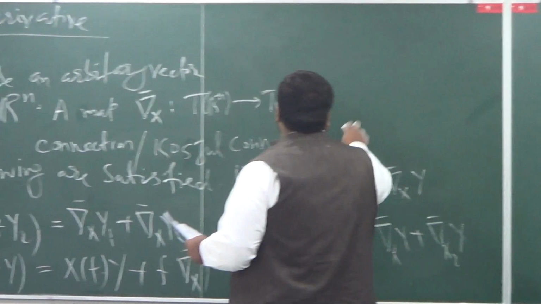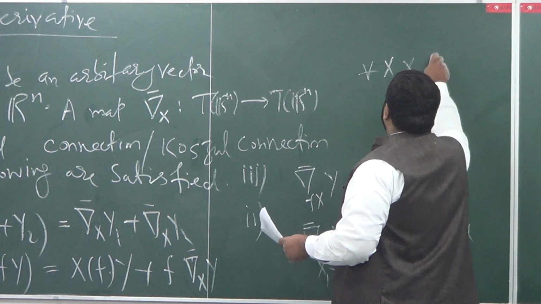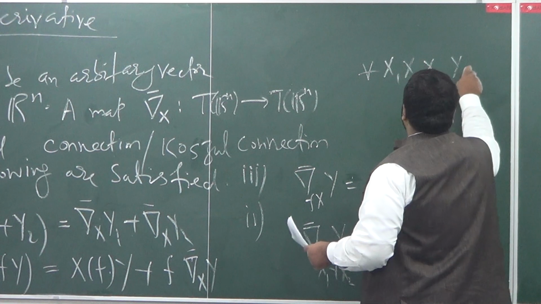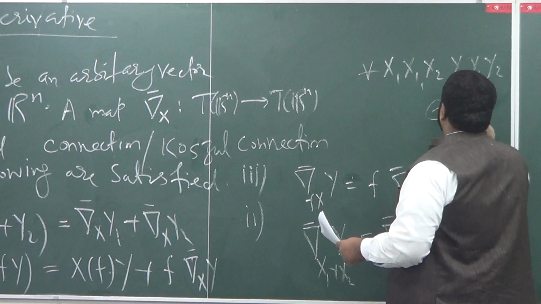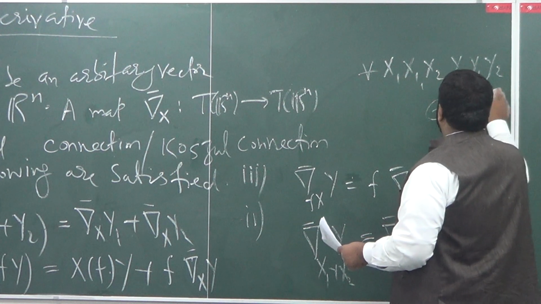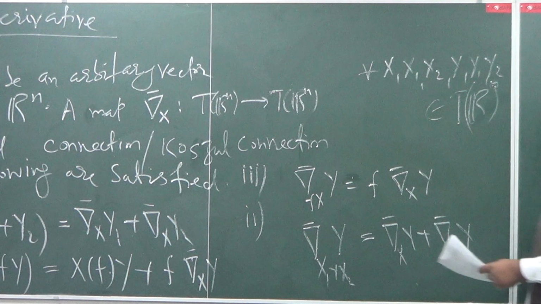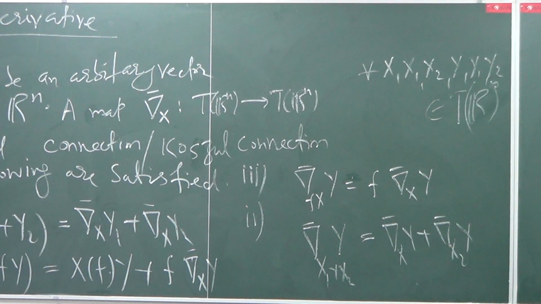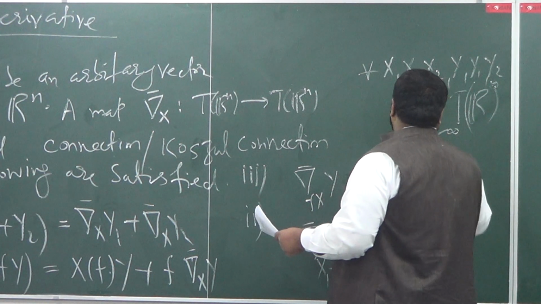By the way, I must mention that X, X1, X2, Y, Y1, Y2 all are vector fields, and f is a C infinity map.